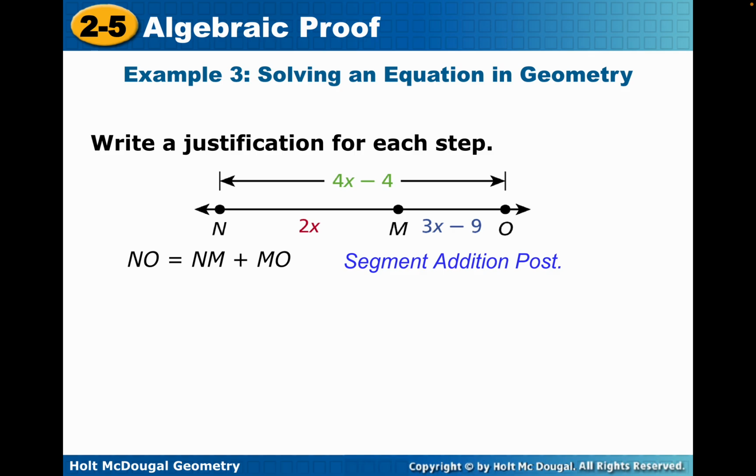Well, then we had angle addition postulate. All right, so with this, do we know the values of NO, NM, and MO? Do we know the values? Okay. So what would our reasoning be for plugging them in?